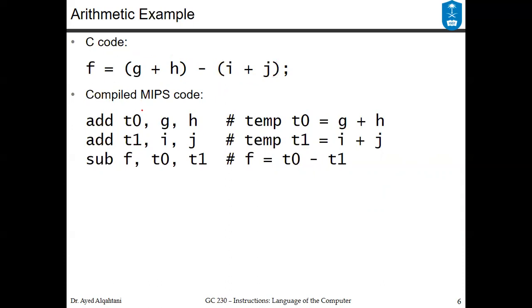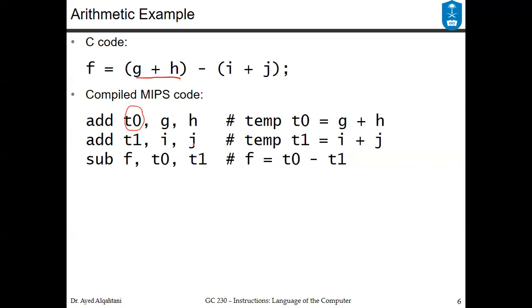Now, in MIPS assembly code, instead of one statement in the high-level language, it's 3 different instructions in the assembly code. So what we do, we add G plus H to get this result, and we put the result in a temporary value, T0.